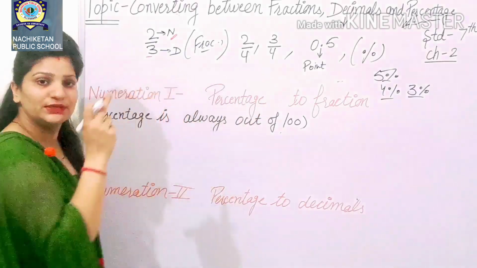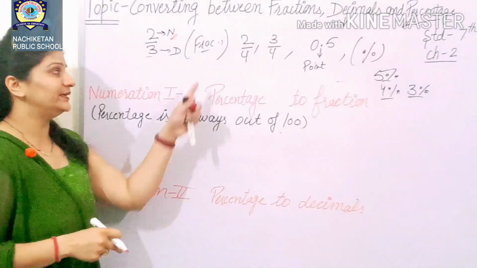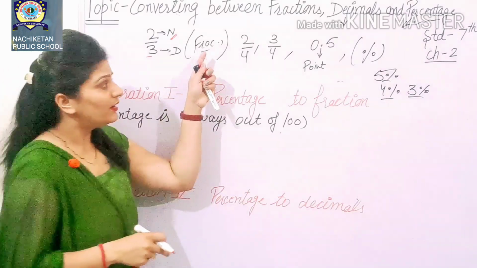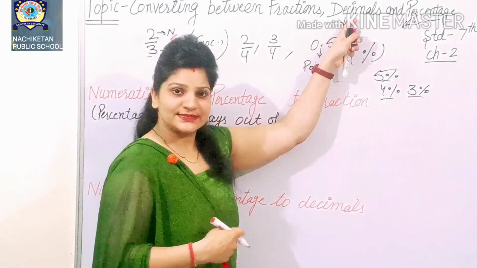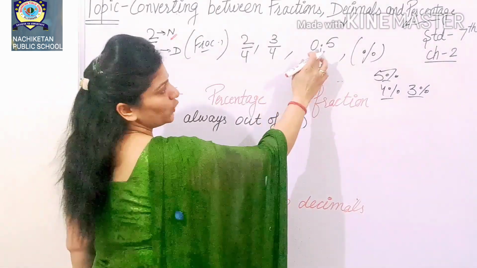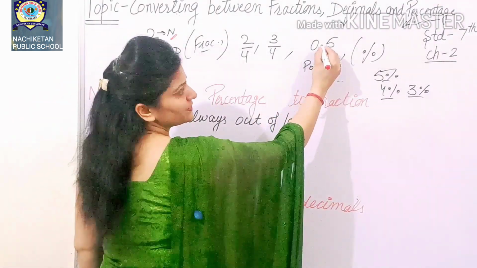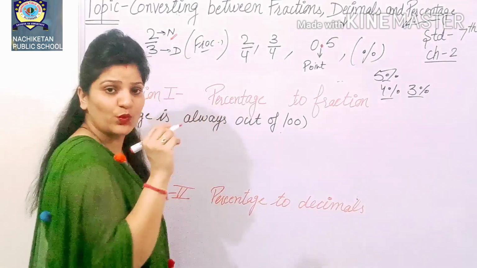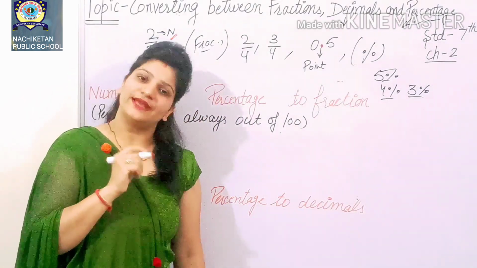These types of terms we can say are fractions. Clear? Okay. Now move on to the decimal. What are decimals? If I write 0.5, this point always denotes a decimal.